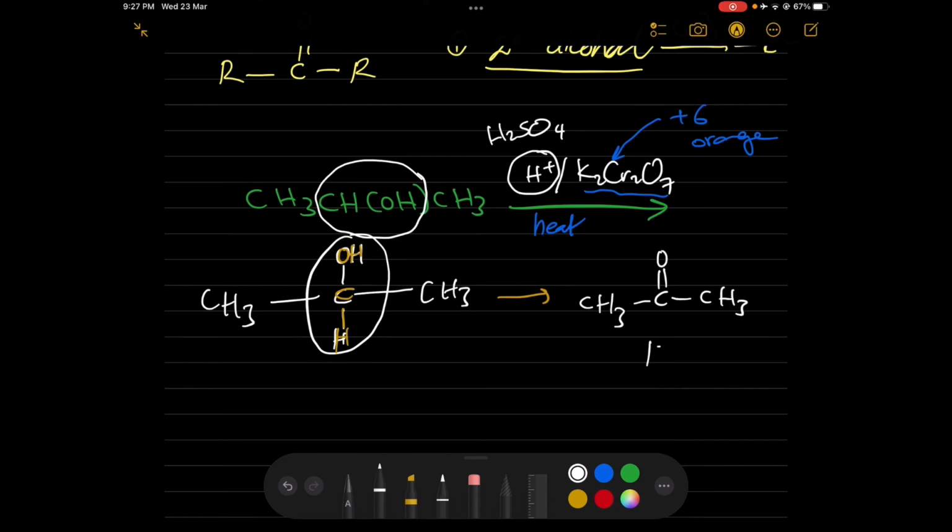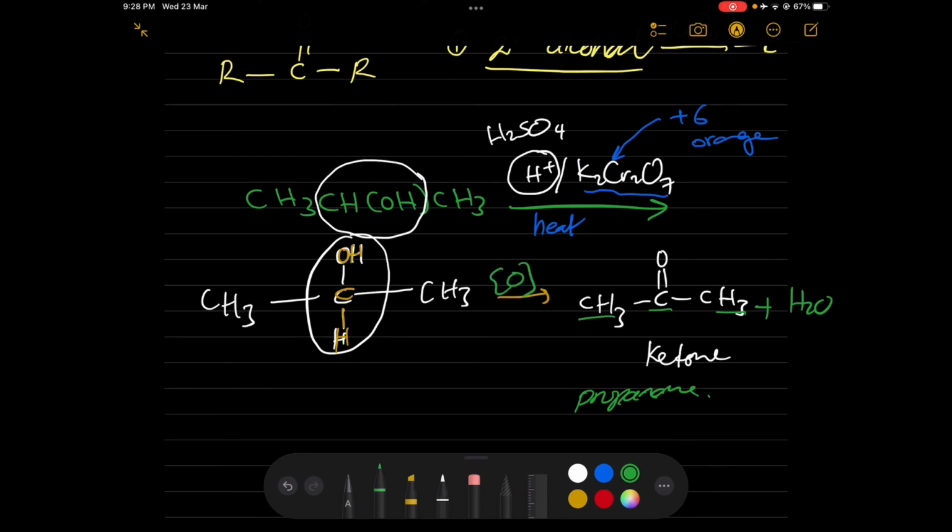This is a ketone, called propanone, with 3 carbons. And in addition there is a water molecule, because we get rid of water and we have the oxidizing agent in here.